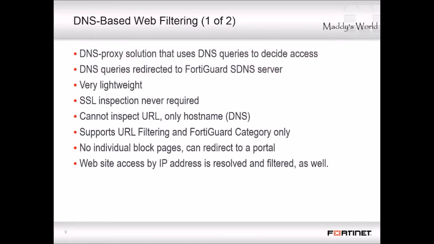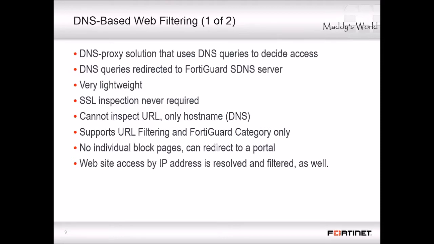Lastly, we have another option for web filtering called DNS-Based Filtering. As the name implies, the DNS query is used to determine where the user is going. The query gets redirected to the FortiGuard SDNS servers in order to determine a category.